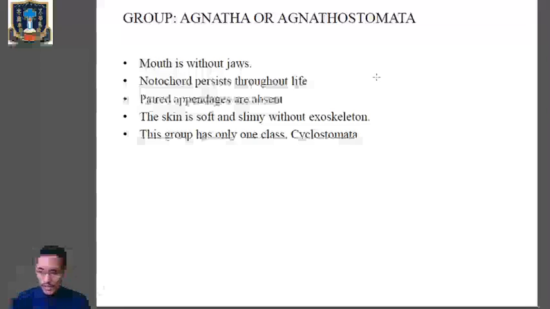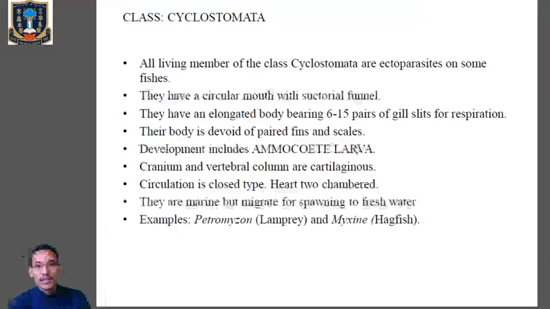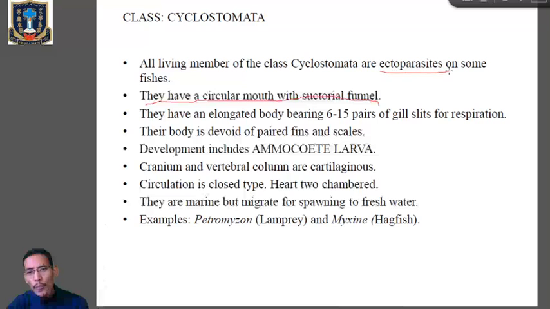Now let's see the characteristics of the class Cyclostomata, which is the only class under the group Agnatha or the superclass Agnatha. First thing is that they are without jaw. Since jaws are absent, they have a circular mouth with suctorial funnel. They are mainly ectoparasites.